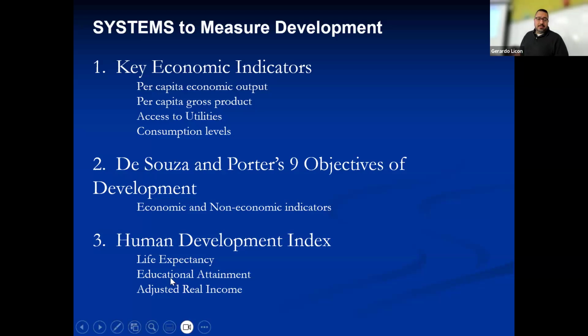Educational attainment. How educated is the population of a given country? And that has implications about opportunities, upward mobility, stability, has a lot of implications that one measure can imply or suggest.